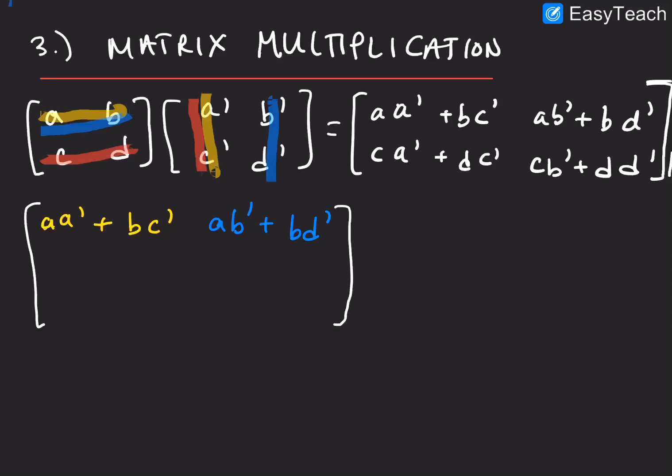Okay, so what does that get us? So we're going to do C times A prime plus D times C prime. So that's how we're multiplying it. Let's do the last one. Last but not least, we're going to do the C and D, and we're going to multiply it to this.